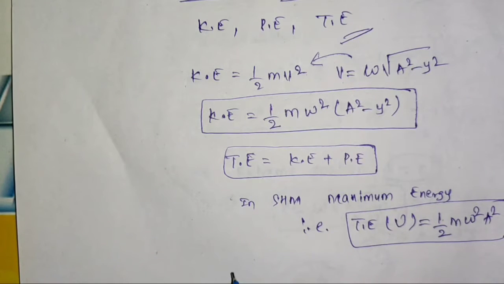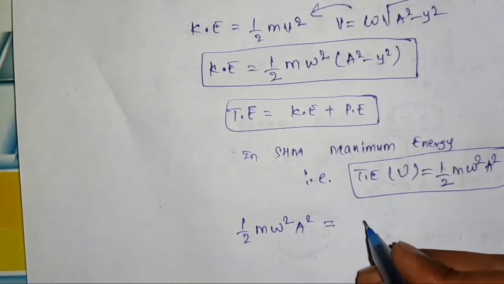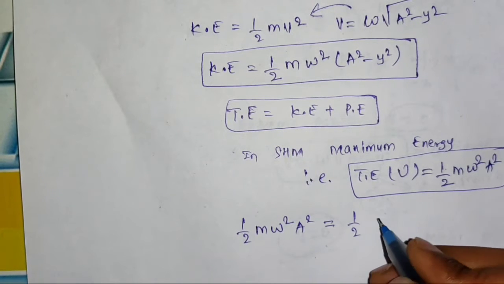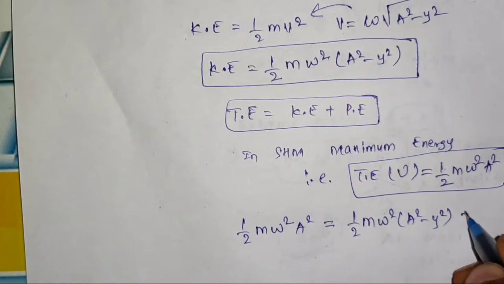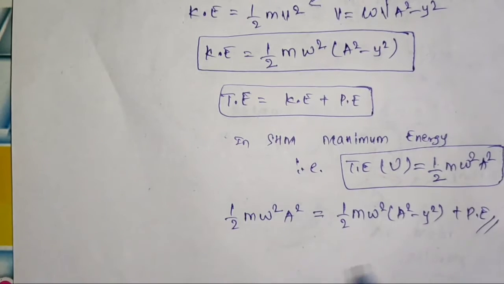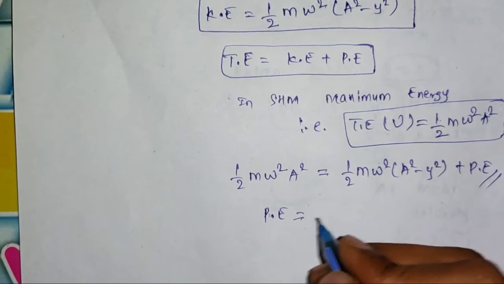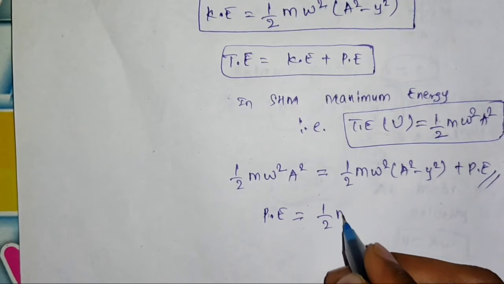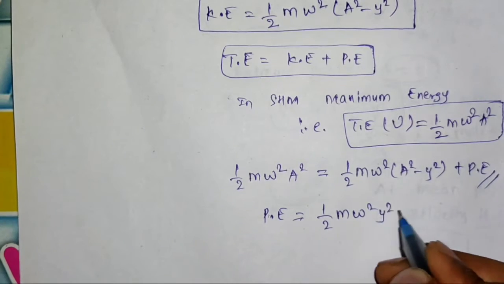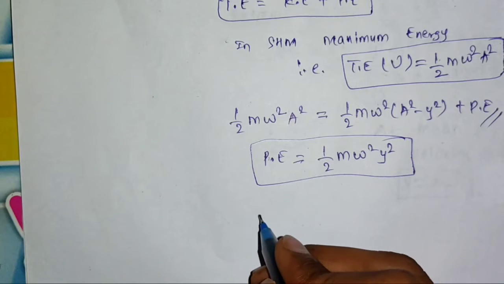Therefore total energy is equal to ½mω²A², which is equal to kinetic energy ½mω²(A² − y²) plus potential energy. From here we get potential energy. On taking this to the other side of the equation, we get ½mω²y². This is potential energy.